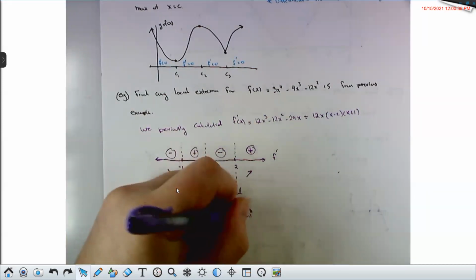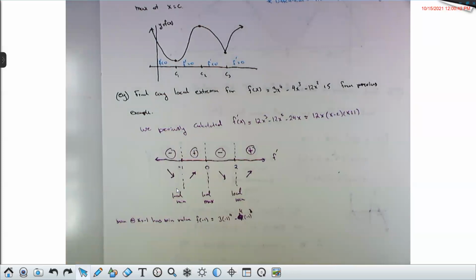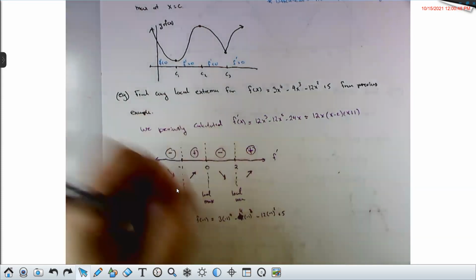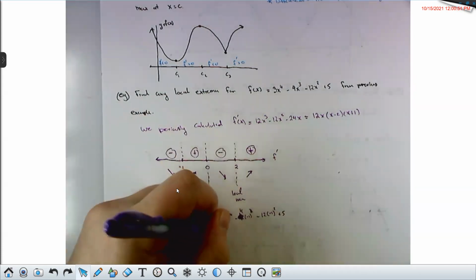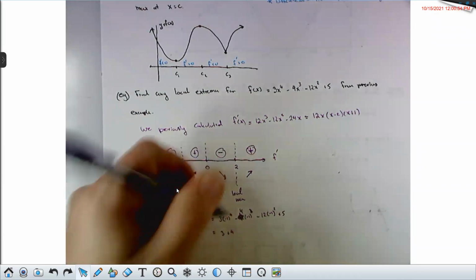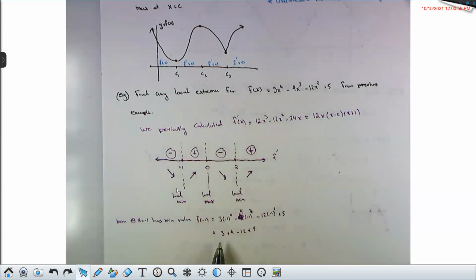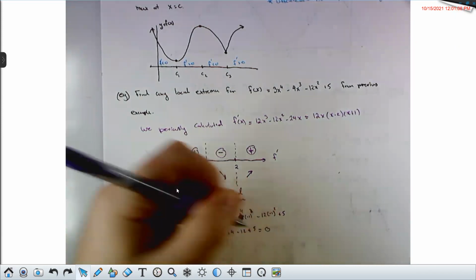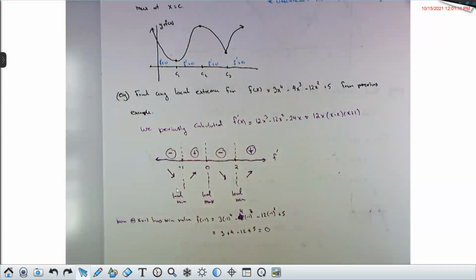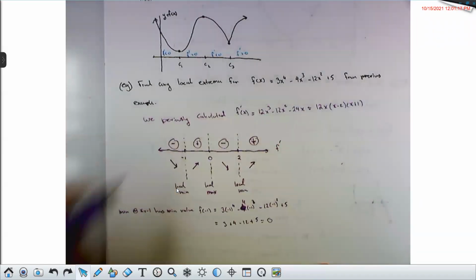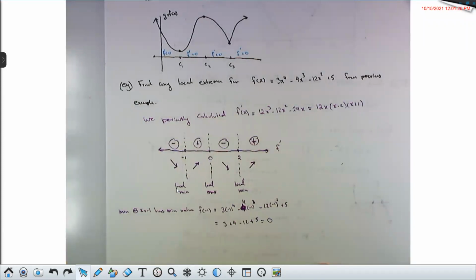Minus 4 times -1 cubed minus 12 times -1 squared plus 5, which is 3 plus 4 minus 12 plus 5. 7 minus 12 is -5, plus 5 is 0. So the local min here is at -1, and the y value there is 0.